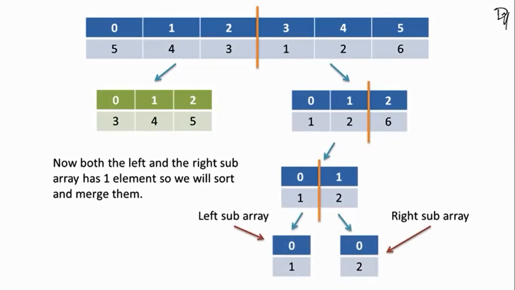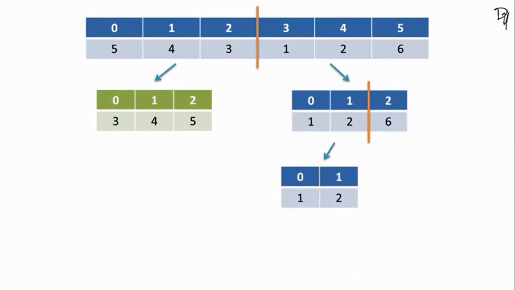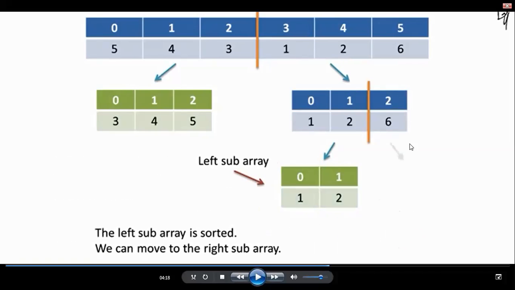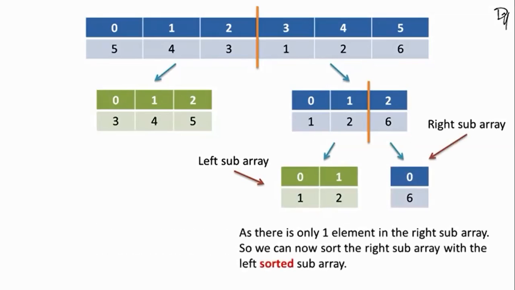So now both elements can be sorted. There is no need to swap because it is already in proper order. Now the left subarray is properly sorted, and the right subarray is 6, right? So we are just checking with each and every element, no need to sort because it is already in proper position, 1 to 6.